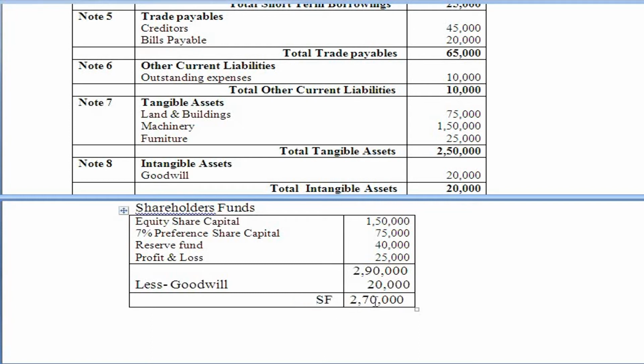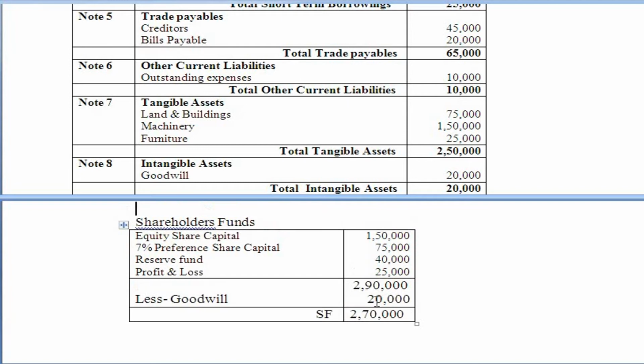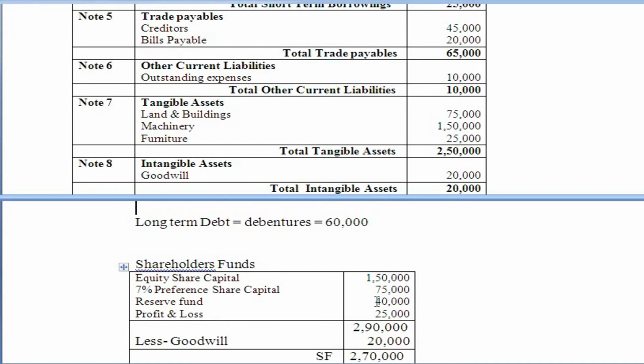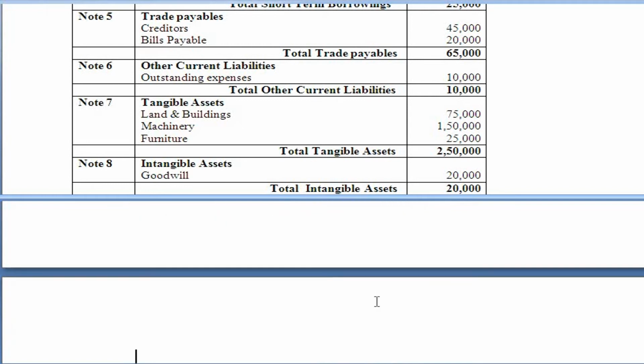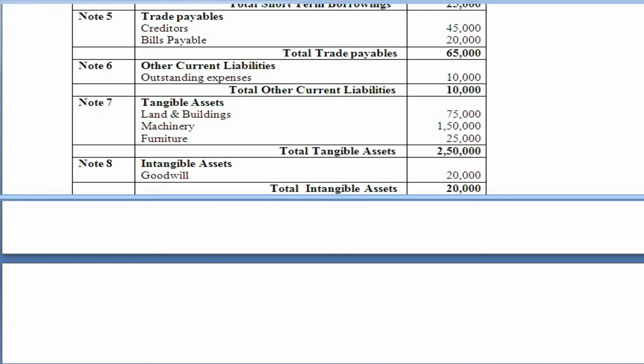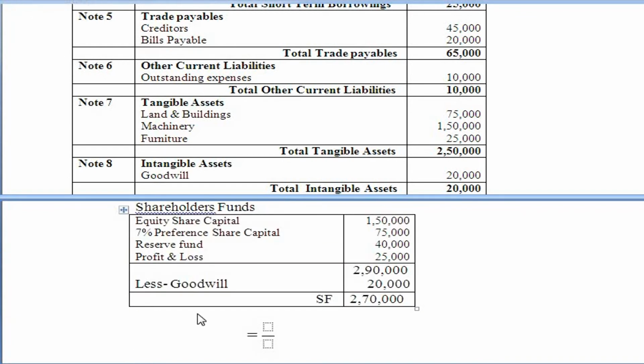Now both the calculations are over, right? That is calculation of long term debt and calculation of shareholders fund. Now we will be putting both these values into the formula. So next line write, therefore debt equity ratio is equal to, what is the amount of long term debt here?